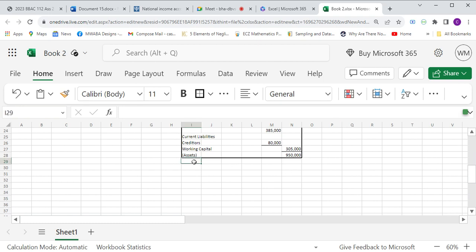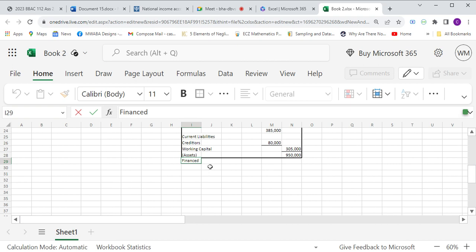All right, then you're going to say here financed by. As I said, when we're talking about what the financing is, it's the long-term liabilities, which are like loans, and the owner's equity. That's what consists of the capital employed.